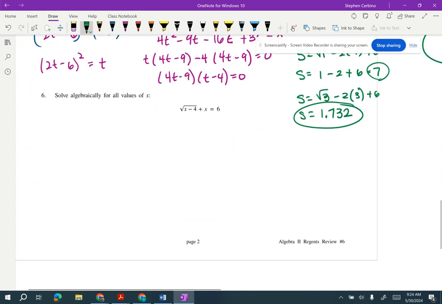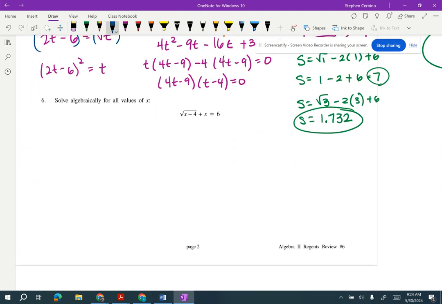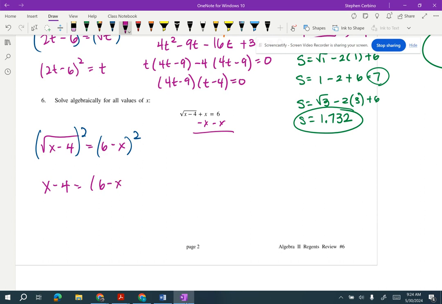The last question is another just solve algebraically problem. So we have to isolate first. So we subtract x. We get the square root of x minus 4 is equal to 6 minus x. You might somewhat recognize this problem because guess what? It was on the midterm. So if we square both sides here, we get x minus 4 is equal to 6 minus x squared.